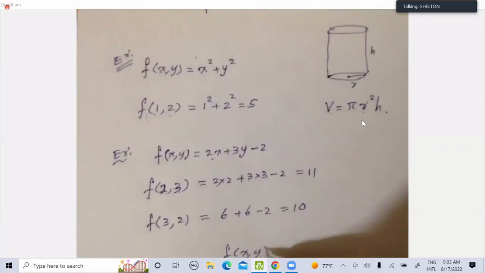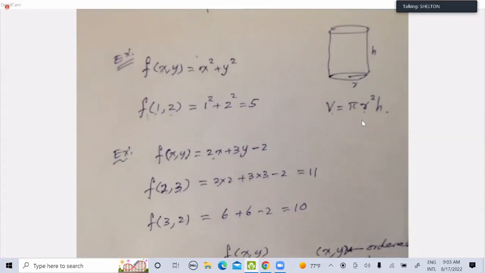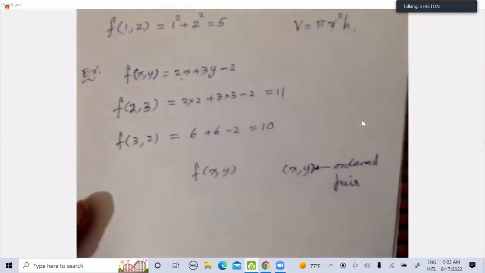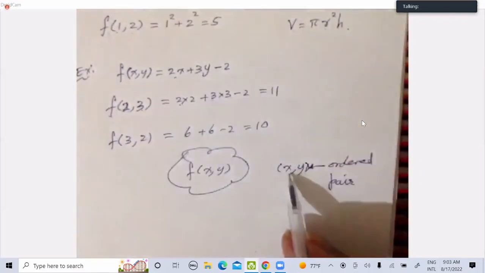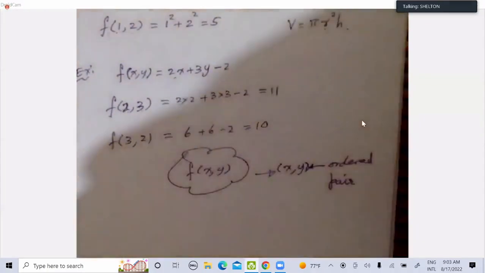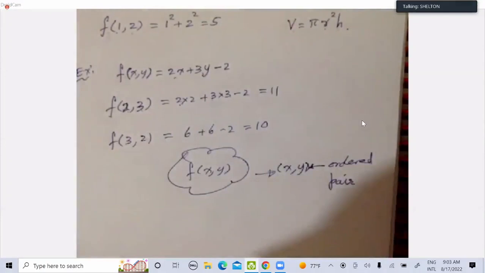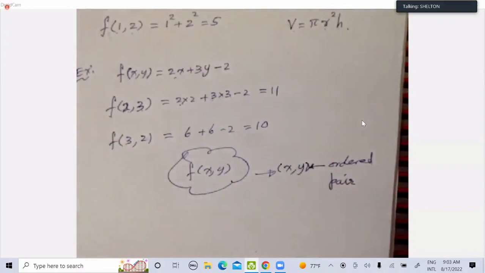When we say x comma y is an ordered pair, order matters. Inputs are ordered pairs. Order is important because if you change the order, the answers are different.